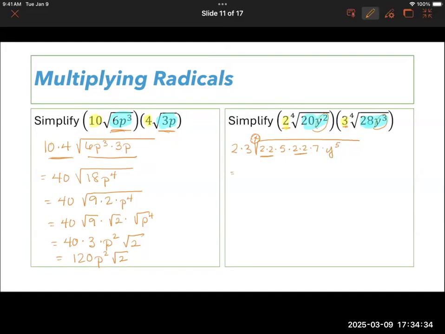So when I go to combine things, in the radical that I can actually simplify, I would have 2 to the 4th, and I would have y to the 4th from this y to the 5th expression. In the radical that I cannot simplify, I would put the 5, the 7, and then that extra y.